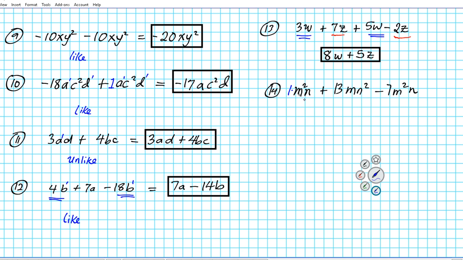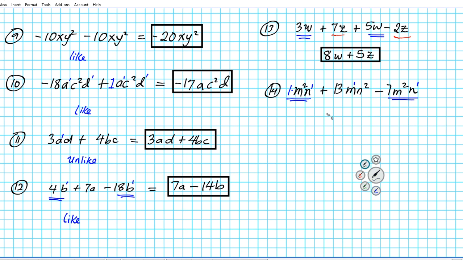And then if you look at m, this has m squared, this has m to the first. These two are unlike terms, since the power of the m is 2 and the power of this m is 1. But the power of the last term matches the power of the first term. And if you look at the n's, this has n to the first power, which doesn't match this, which is 2, but it matches the last one. So the first term and the last term, guess what? Are like terms.